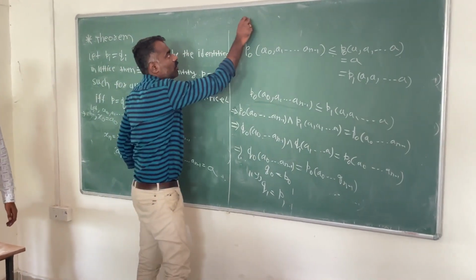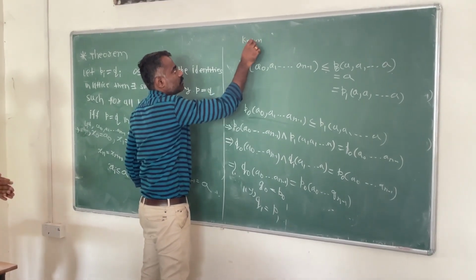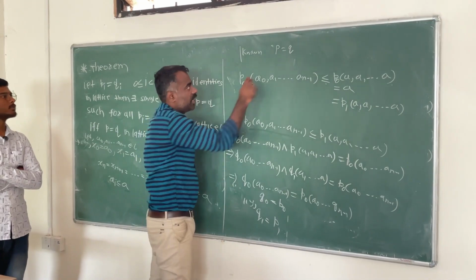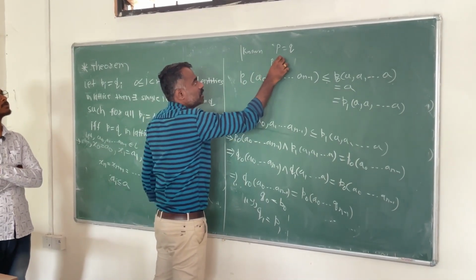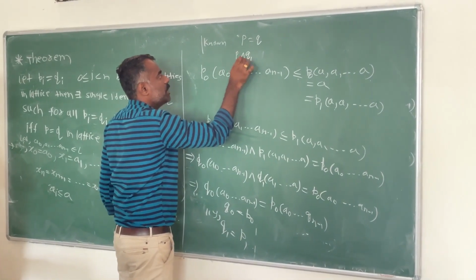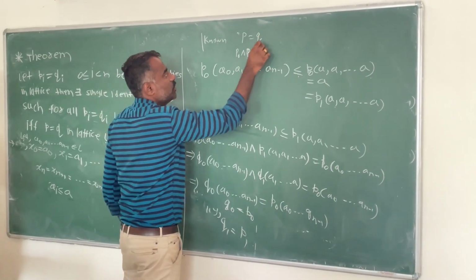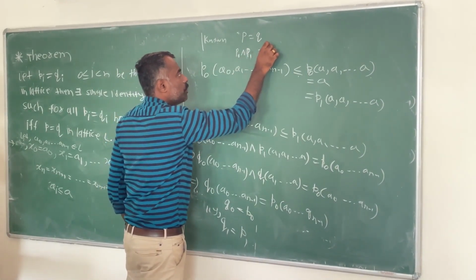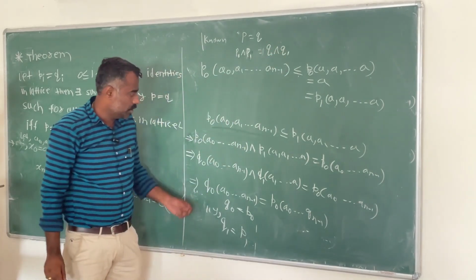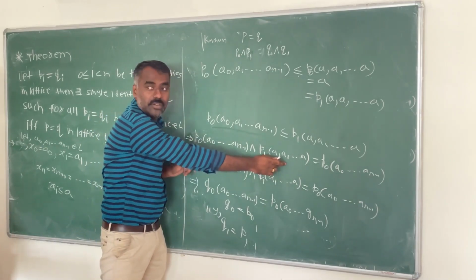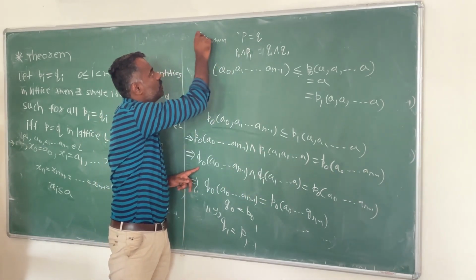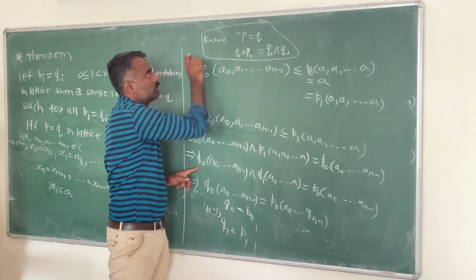What is already known is P is equal to Q. And where our P is what? P naught meet P1, and our Q is Q naught meet Q1. Okay. So whatever you have, P naught meet P1 is the same as Q naught meet Q1, because we have assumed that P is equal to Q. Yes or no?